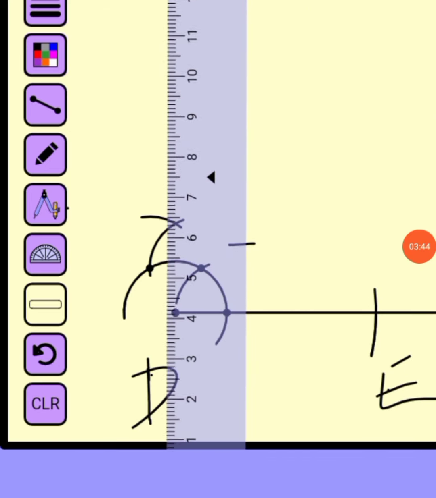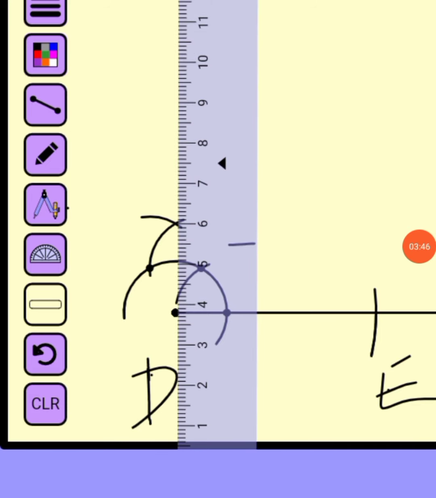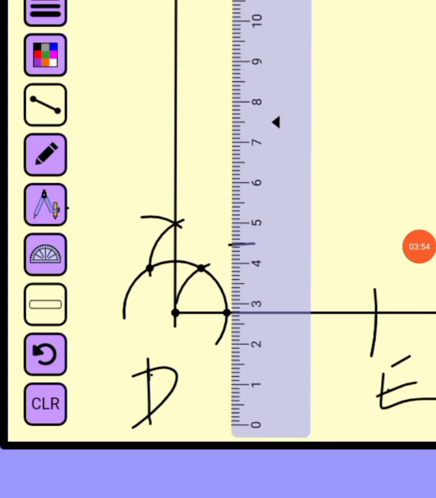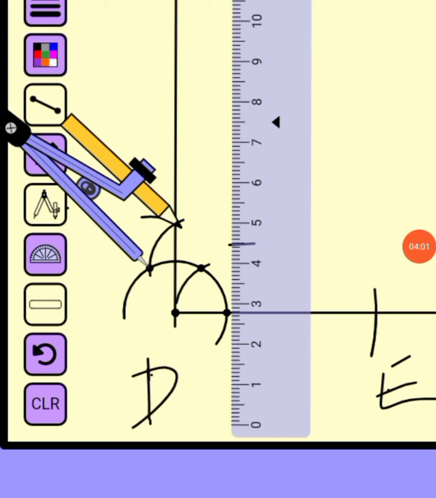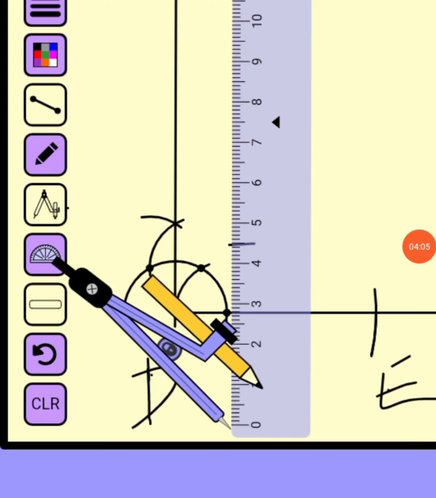Alright, so see, this would be 90 degree. So I'll join it. After this, what is the length that I need to take? DE is 5 centimeter and DF is 3 centimeter. I will take the compass and measure 3 centimeter.